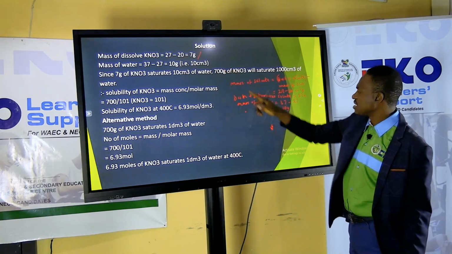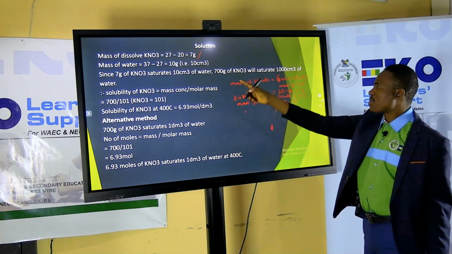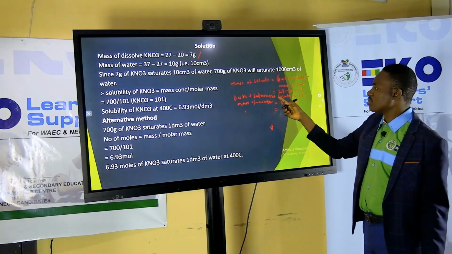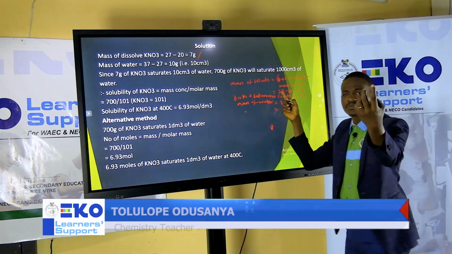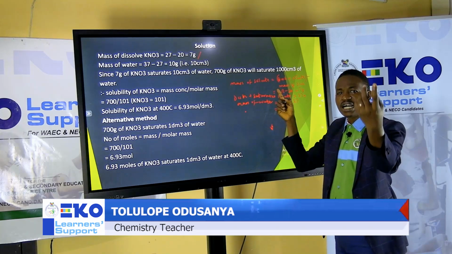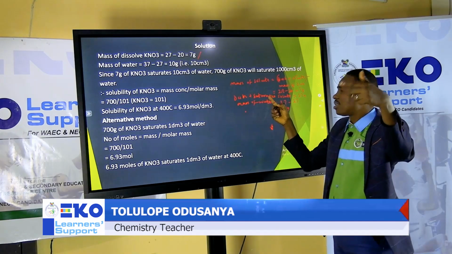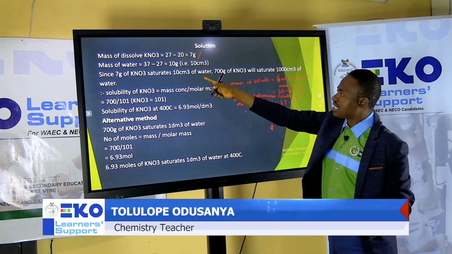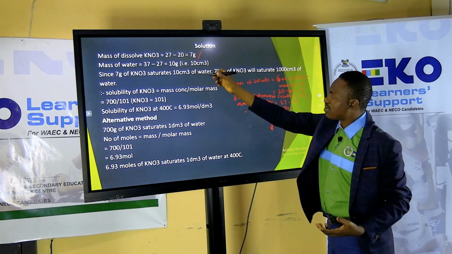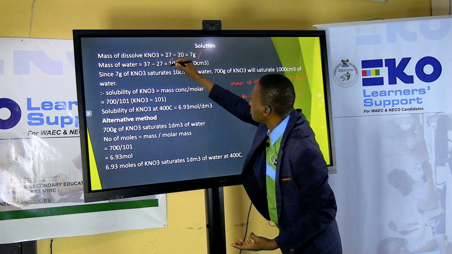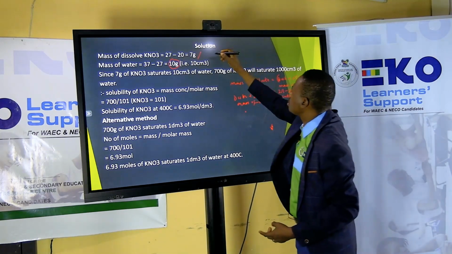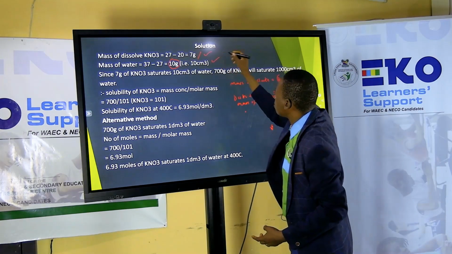So how do we get that? You remember that we are given the mass of dish plus saturated solution, and the saturated solution contains both the solvents and the solutes. So if you are to get the solvent, you will say 37 minus what? 27. And that will give you 10 gram. Now we'll be able to calculate the mass of solutes and the mass of solvent.